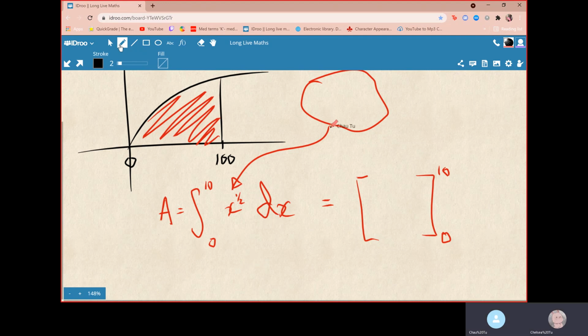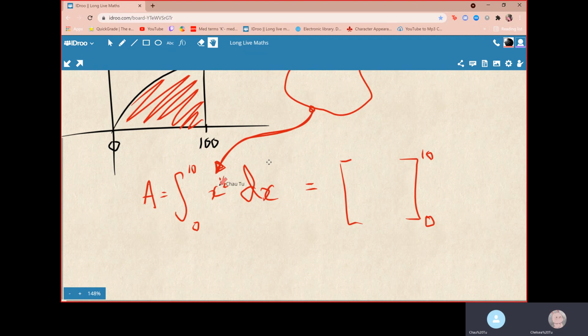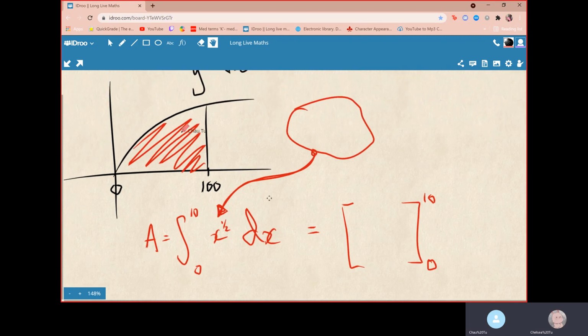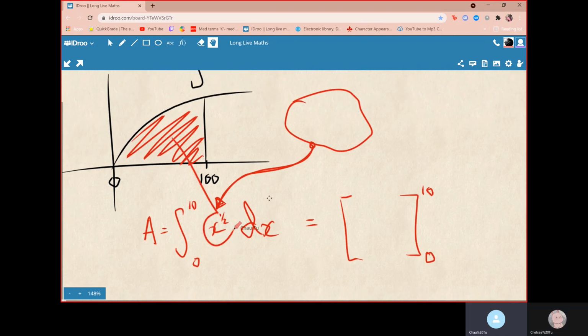Okay, so what is it that will differentiate to give you x to the power of a half? Can you make a guess? Square root is x to the power of a half. Yeah.